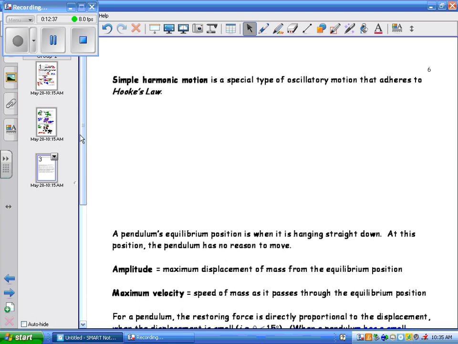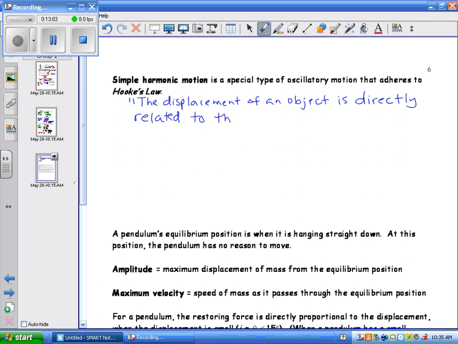Hooke's law basically says that the displacement of an object is directly related to the restoring force, or the force causing the displacement.